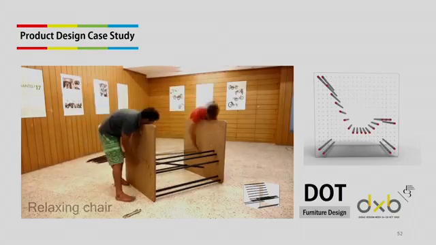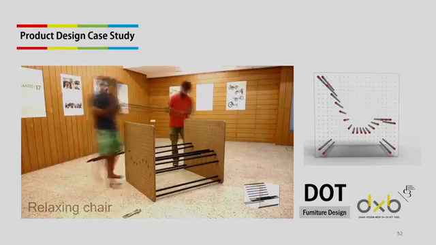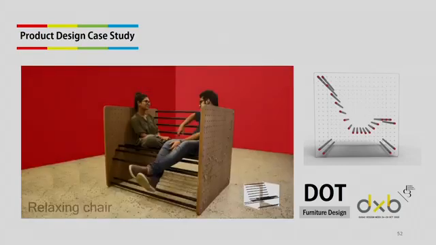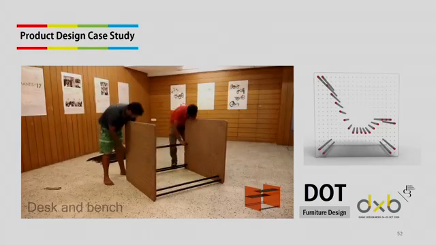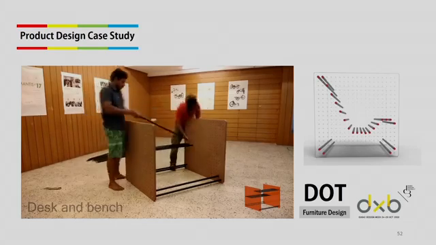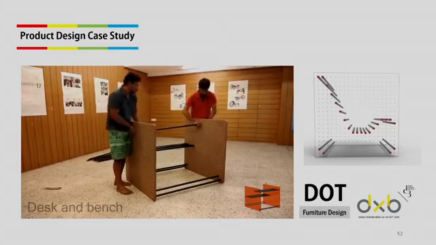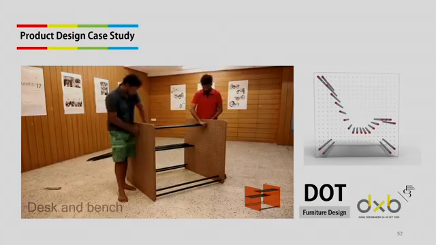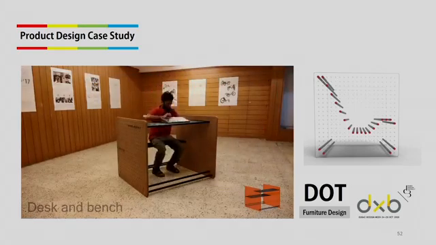In this video you can see the modularity approach has been adopted, where tubes are there and also side planks are there. By joining them you can get different kinds of furniture. The same furniture can be transformed into many furniture.